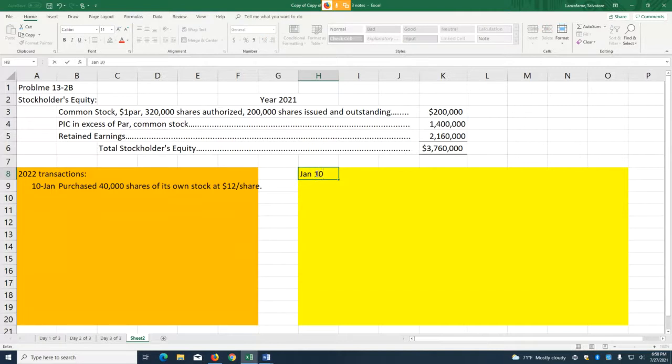So on January 10th, you're going to debit. Now remember, when we first issued stock, we would have debited cash and credited common stock. We're now taking it off the market, so we're kind of undoing that original entry. And we're now going to debit T-stock, 40,000 shares at $12 a share.